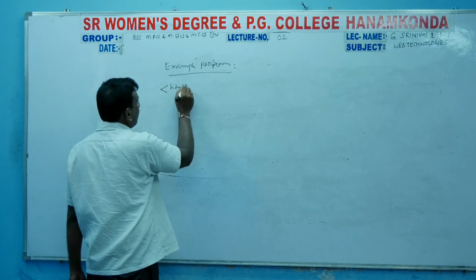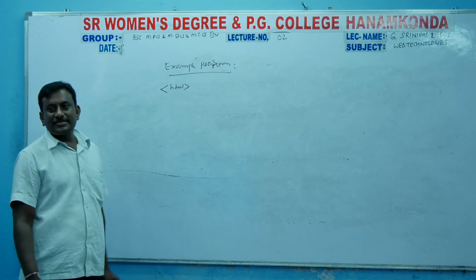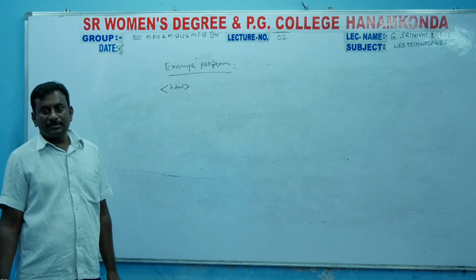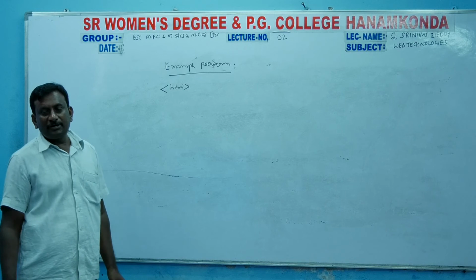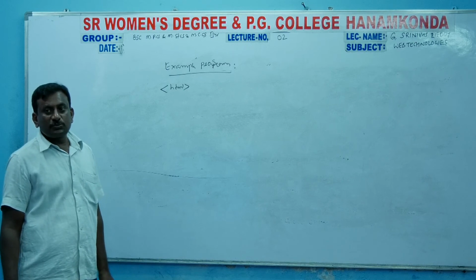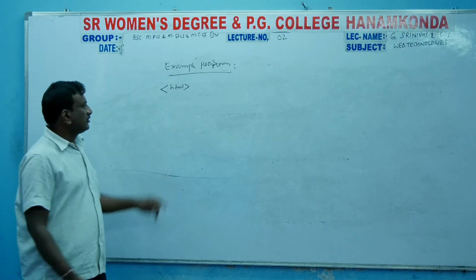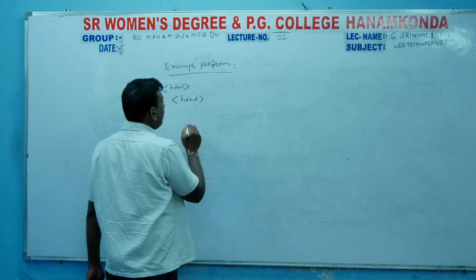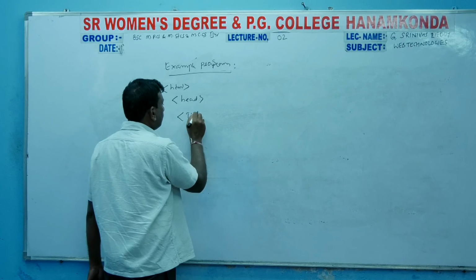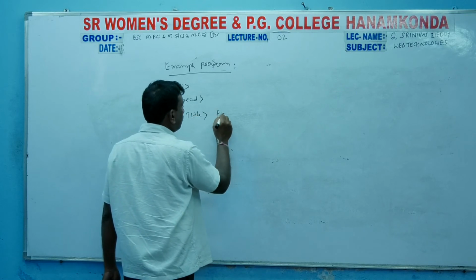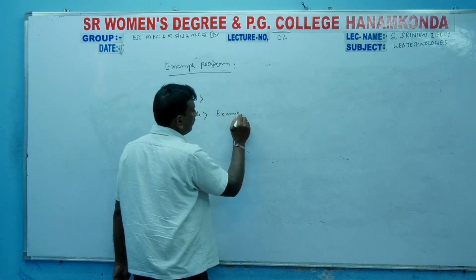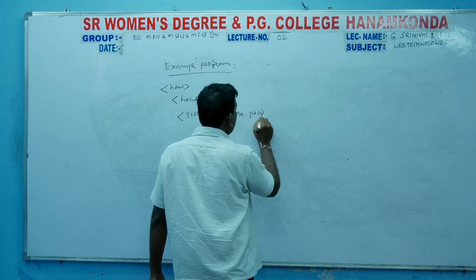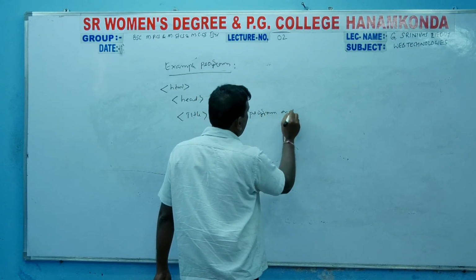In HTML you can write small case letters and capital letters. We previously explained that HTML is not case sensitive, but that's why you are writing in small case. Next, header. Example program on HTML.